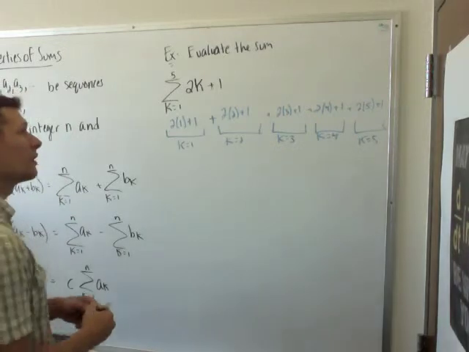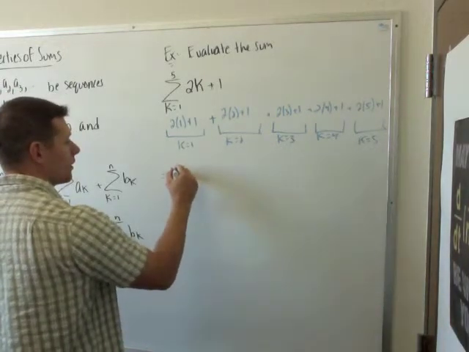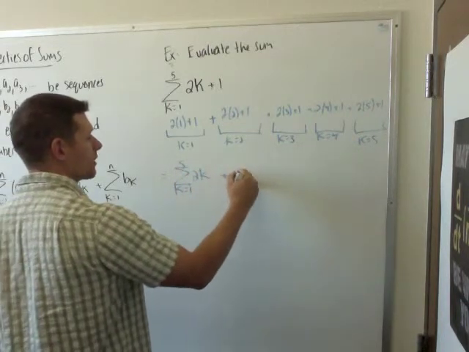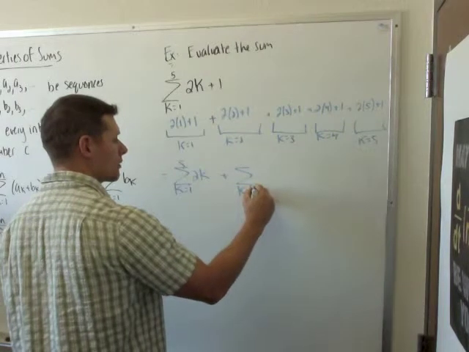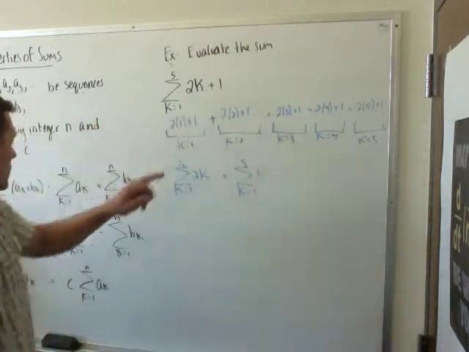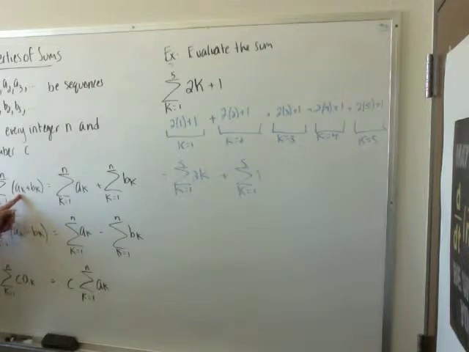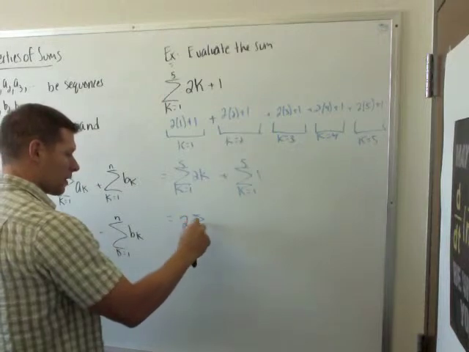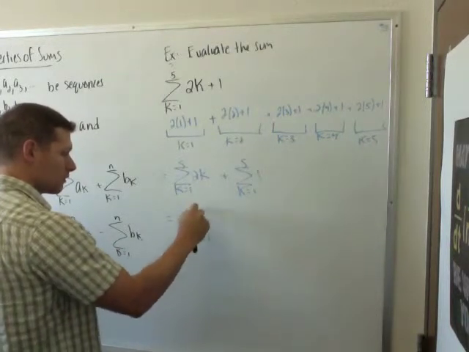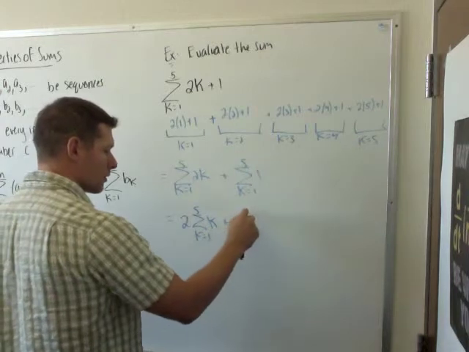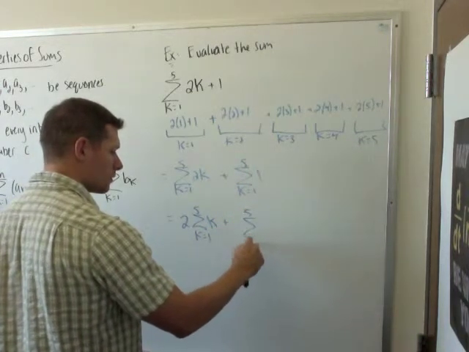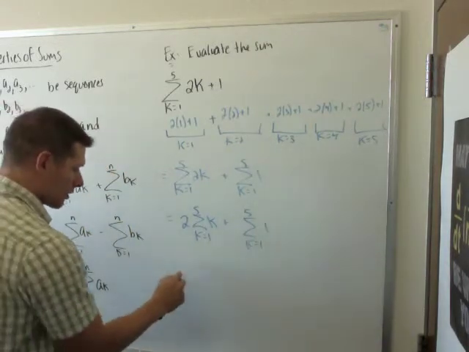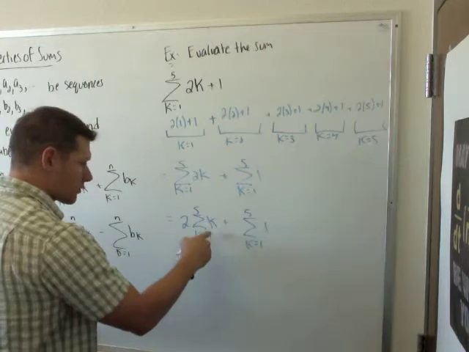Or, equivalently, you could rewrite this expression as, the first thing you could do is you say the sum from k equals 1 to 5 of 2k plus the sum from k equals 1 to 5 of 1. That's what this rule right here says. Okay? You can break it up. And then this third rule says I can take that 2 and pull it out front. So then here, what I'm really looking at is 2 times k equals 1, 2, 3, 4, and 5.